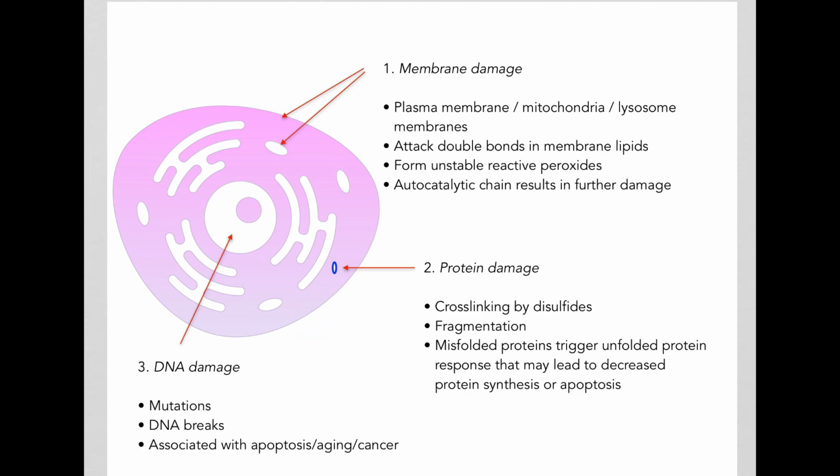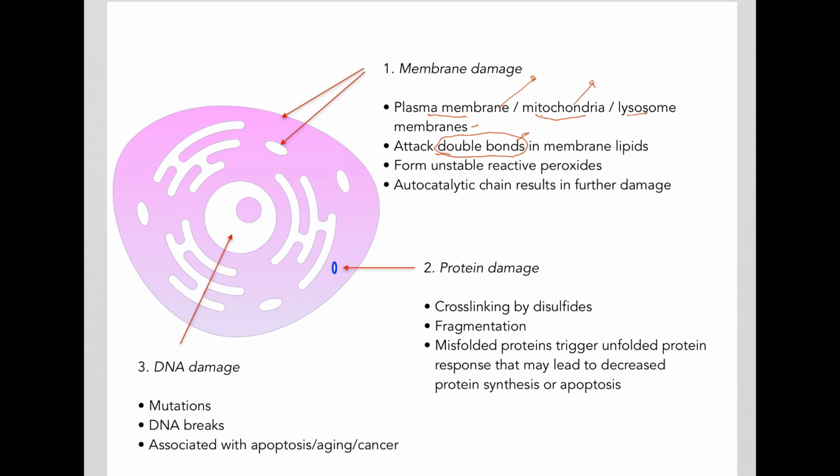Now, membranes have a lot of lipids, and if you remember from the earlier videos, several of these lipids are unsaturated, they have double bonds, and these double bonds are especially susceptible to free radical attack. So any membrane, plasma membrane, but especially the mitochondrial and lysosomal membrane. If the plasma membrane is attacked, that will cause leak out of cellular constituents.